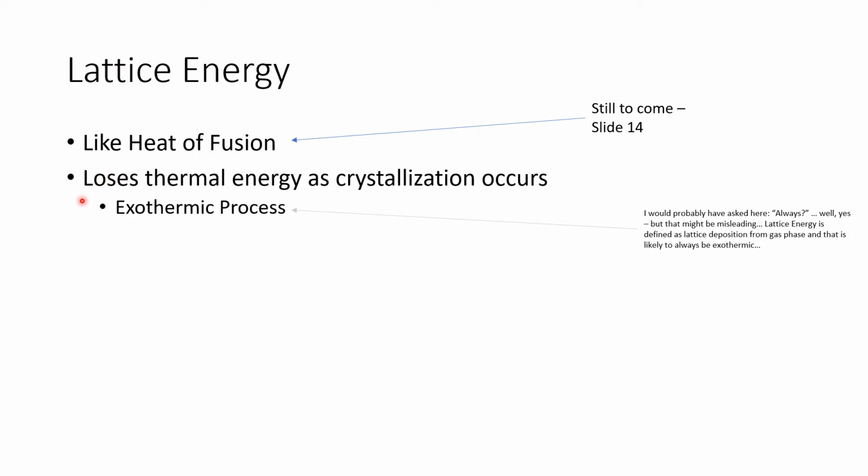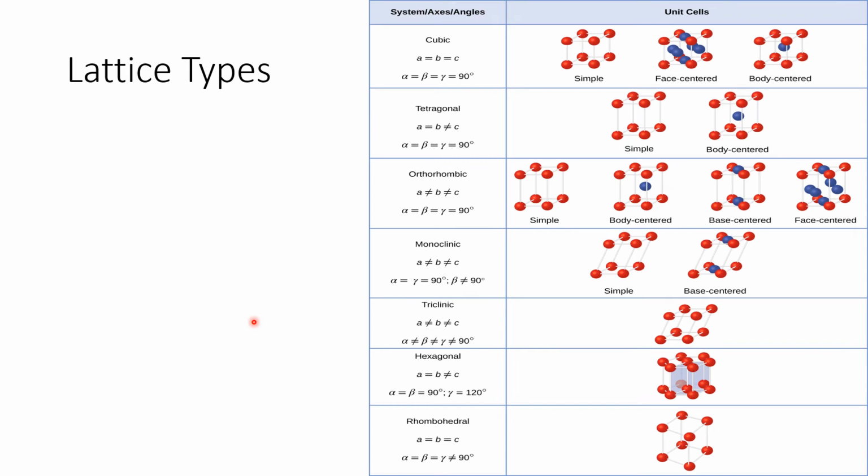Lattice energy is where something loses thermal energy as it locks into that rigid crystalline lattice, and it tends to be an exothermic process. This slide is just for fun. Again, it is beyond the scope of this course, and you would see it again in inorganic, or I first saw this in a course called mineralogy over on the geology side.